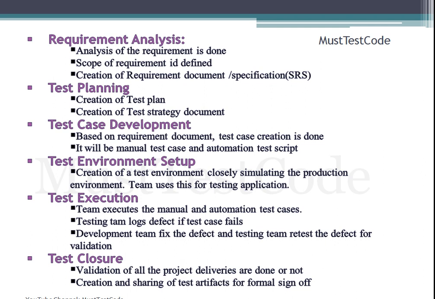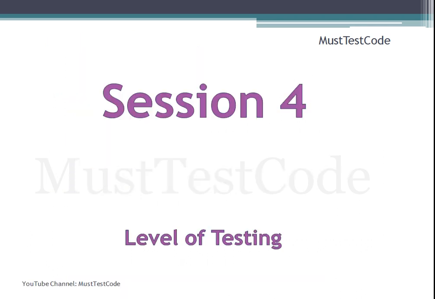The developer team fixes the defect, and the testing team then has to retest the defect for validation. Once defect validation is done and everything looks good, the code is perfect, then we start with the test closure, where we validate whether all the deliverables are done, and the customer gives the sign-off on the requirement document.